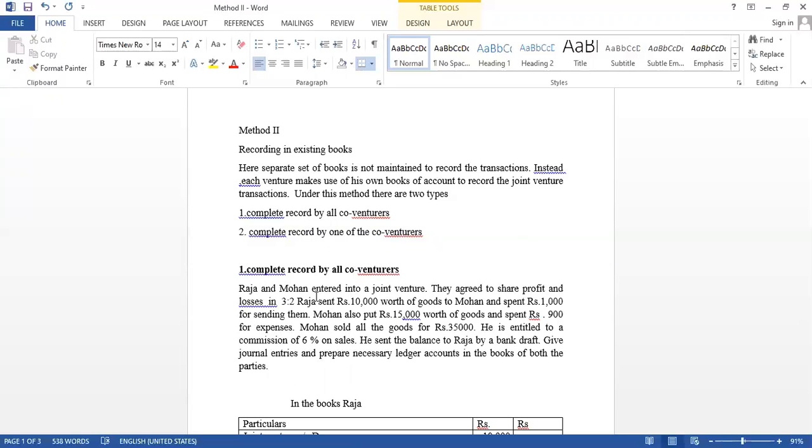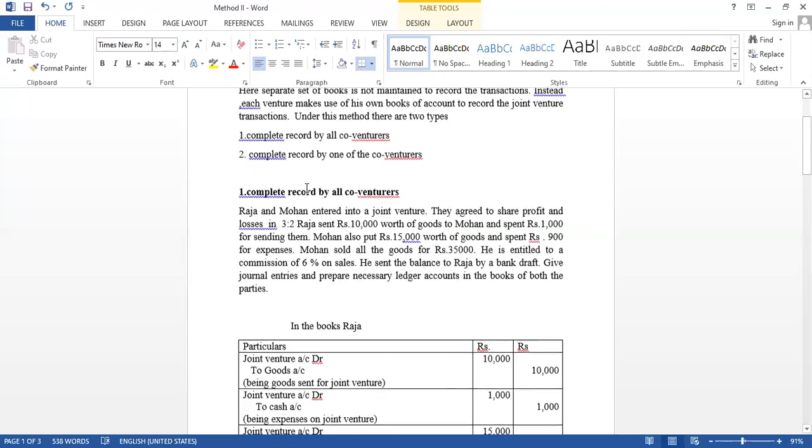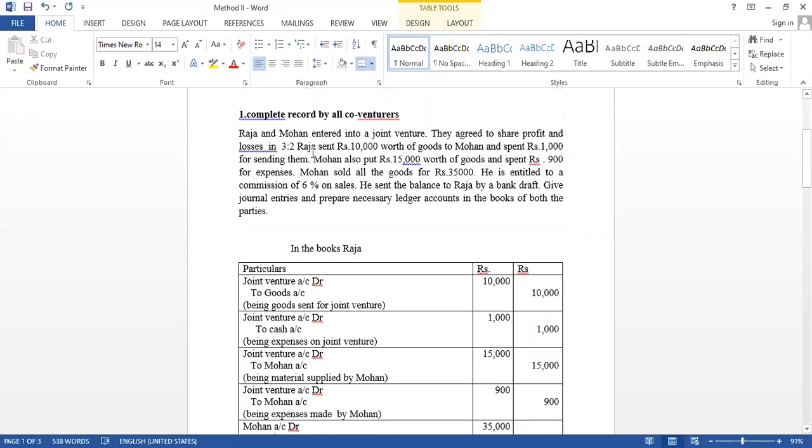individual account. In this problem, 2 persons entered into a joint venture. What are the 2 persons? Raja and Mohan. Their profit and loss sharing ratio is 3:2. Raja sent 10,000 goods to Mohan.